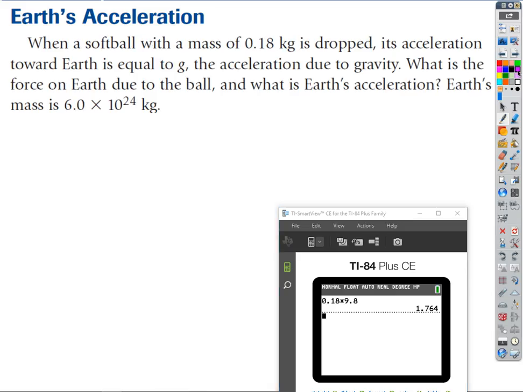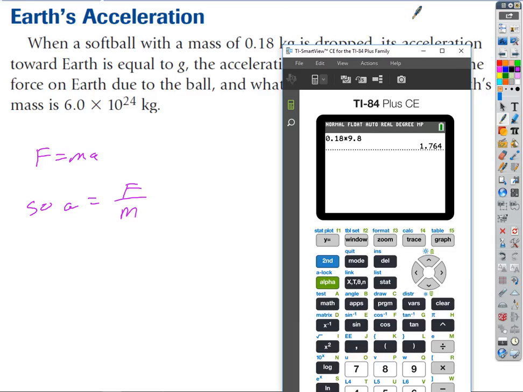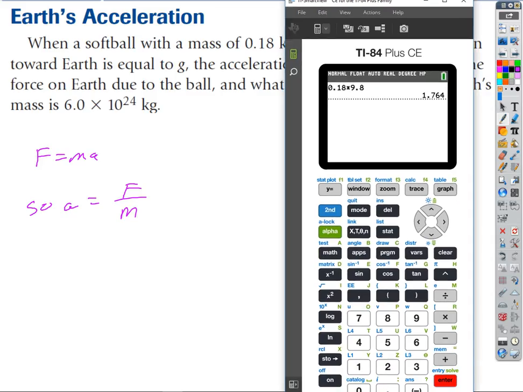It'll be funny to look and see what it is. So we know that F equals ma, so a equals force divided by mass. So if we do this one, we're gonna get this number divided by, because that's standard units, 6 times 10 to the 24 kilograms.